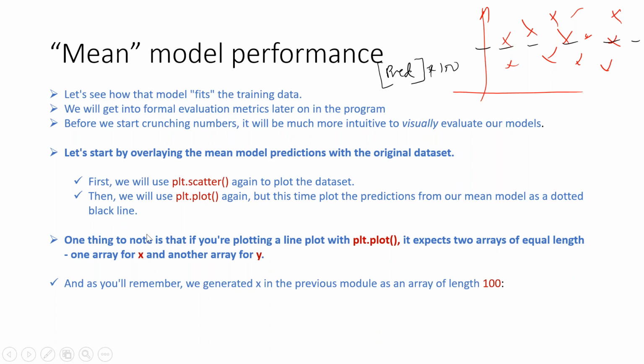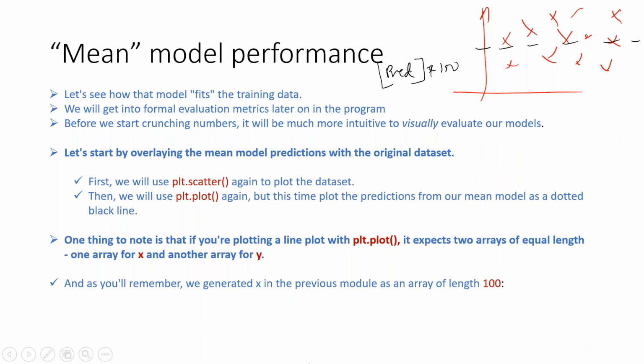One thing to note is that if you are plotting a line plot with the plt.plot function, it expects two arrays of equal length, one array for x and one array for y. So for this black dotted model line to come, I have to have my prediction, pred, 100 times.